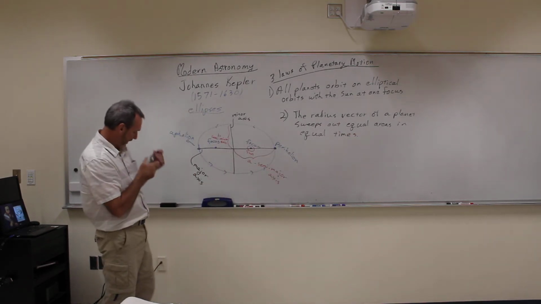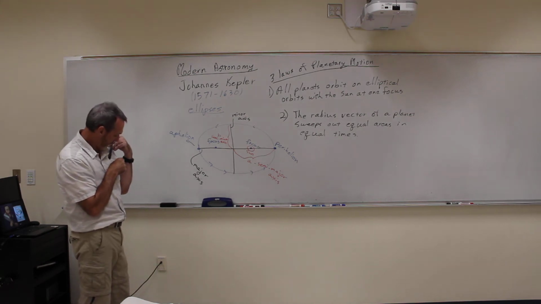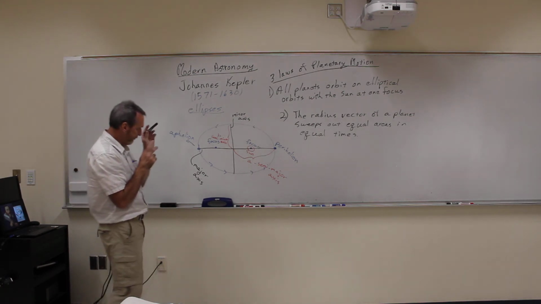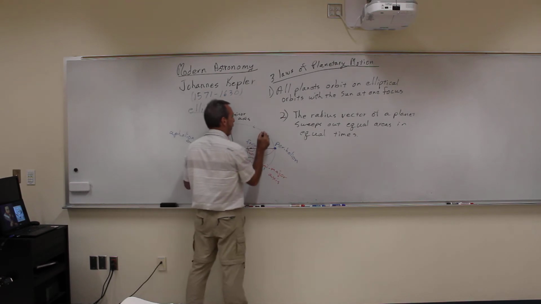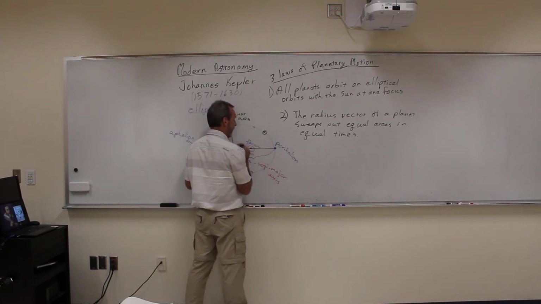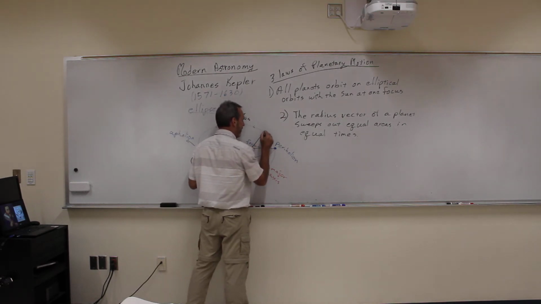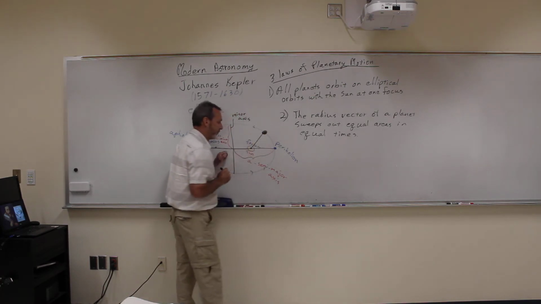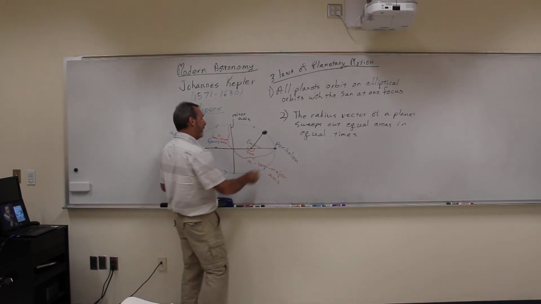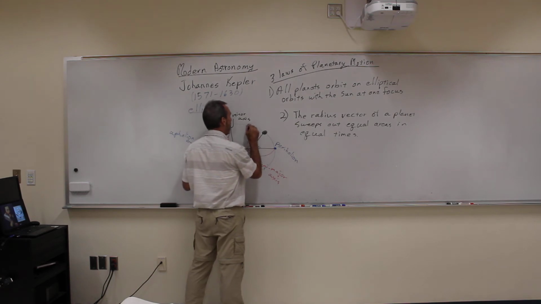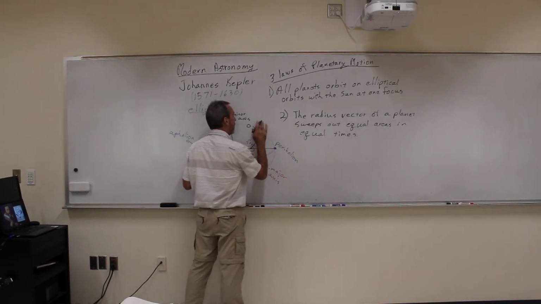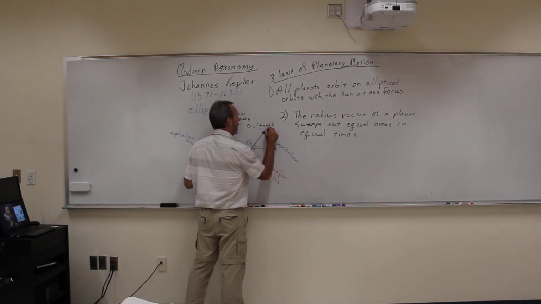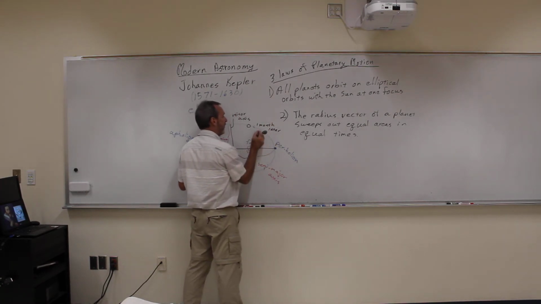All right, this is kind of a complicated way of saying something, but let me see if I can explain it. So here, let's have a planet right here. Here's the planet. A radius vector is a line from the sun to the center of the planet. Okay, and the planet's going around like this. Let's say 1 month later, it moves from this position to this position.